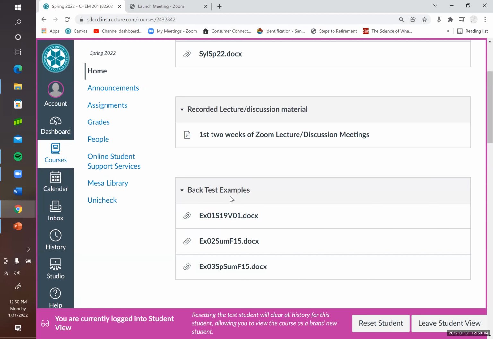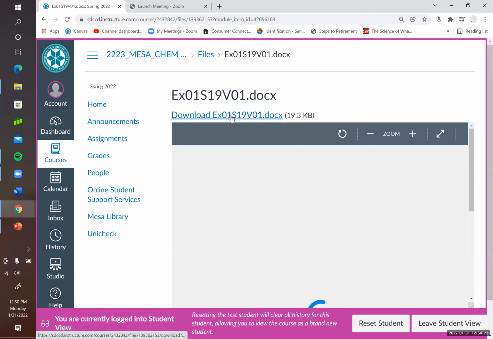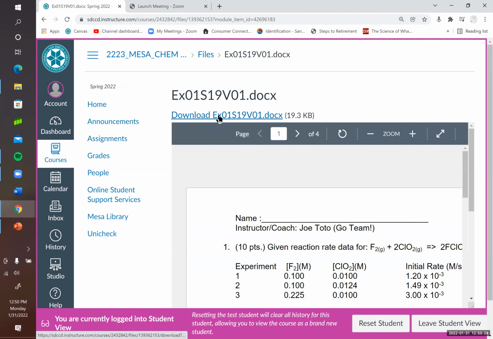The test formats are gonna be ones where you come to lecture in person and I hand out an exam, which is roughly 4 pages of problems. And the first exam is gonna look similar to this back exam, which was given in spring of 2019.